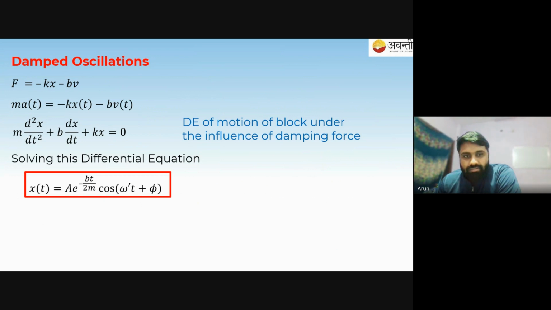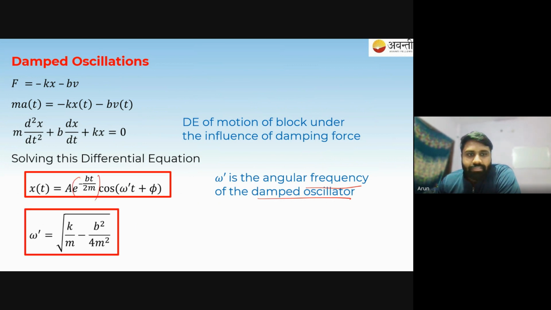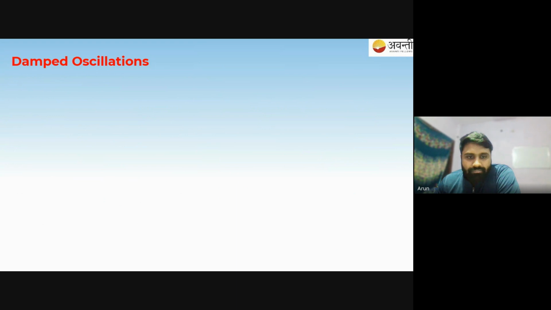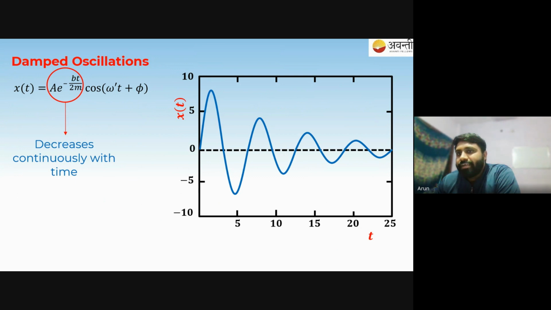So this omega dash is the angular frequency of the damped oscillator, and this factor e raised to the power minus bt by 2m will decrease continuously with time. That is why this entire function is not periodic. Okay? Because it will go like this. Initially, it is at very high pace. Then as time passes, it will decrease and decrease. And finally, it will become zero due to this damping constant.